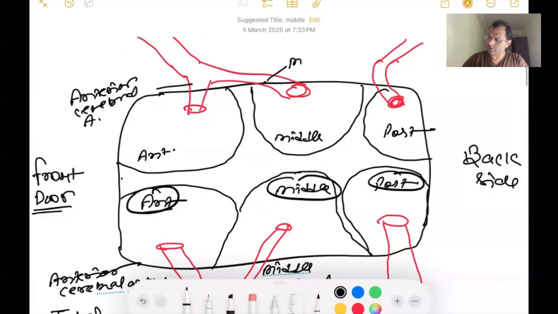And this is the middle cerebral artery. Now, I have one question for you. Suppose there is a blockage here, or maybe blockage here, anywhere. Then there is no blood supply here.